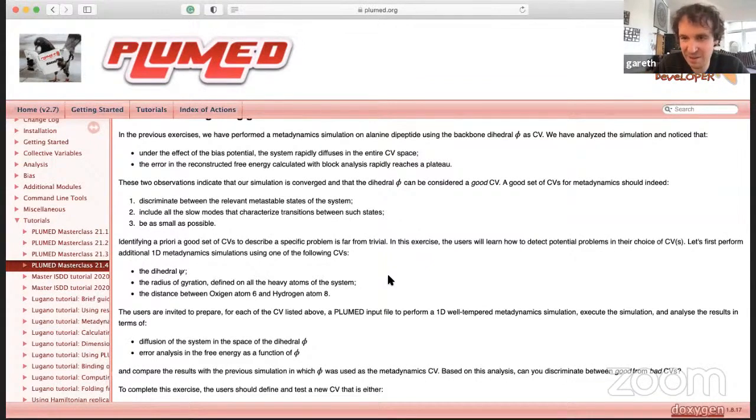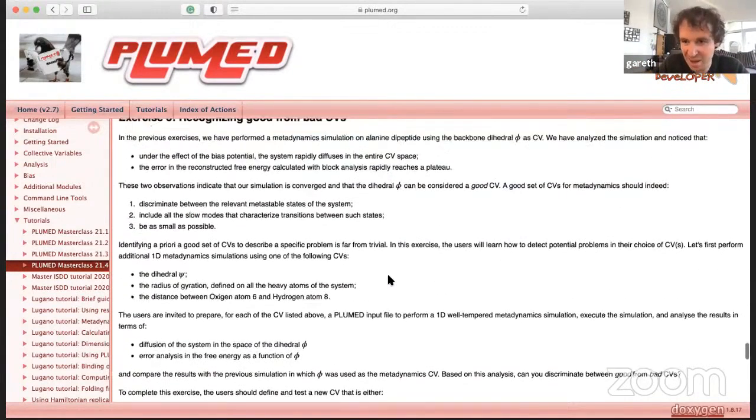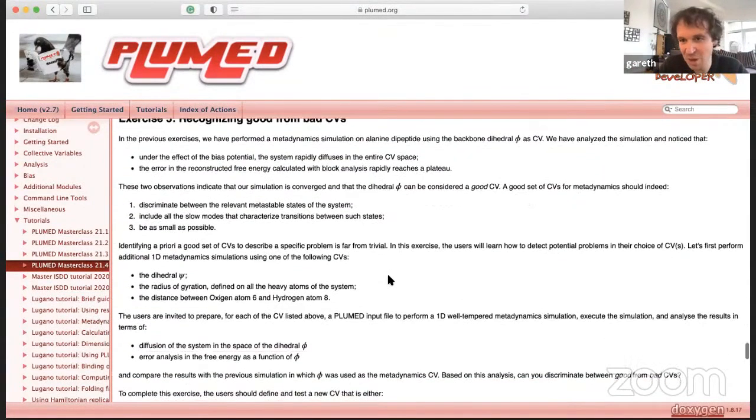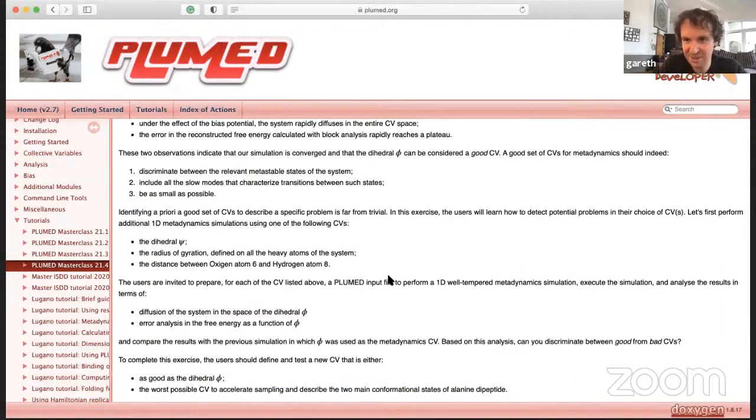And some of these CVs we know are truly terrible at driving the transition between the two states. And your job here is to try and investigate which CVs are terrible and which CVs are good, okay? And to help you with that, all you have to do is run the calculation. So you decide which of these CVs you're going to use, or if you're feeling super creative, you come up with some other CV yourself.